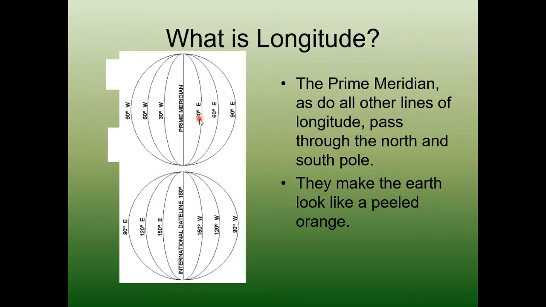If it's this line, they would say the meridian of 30 degrees east, something like that. And again, even though they don't always say it, you can tell because latitude will be denoted north or south and longitude will be denoted east or west.